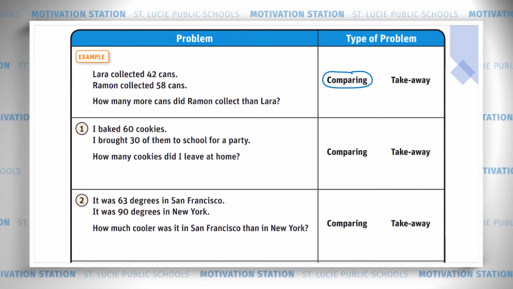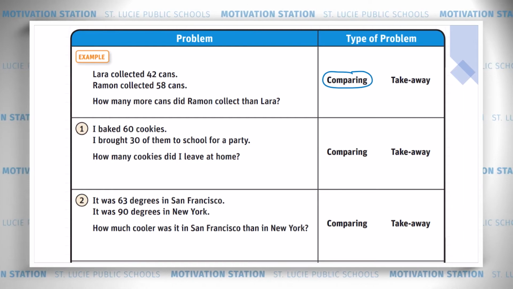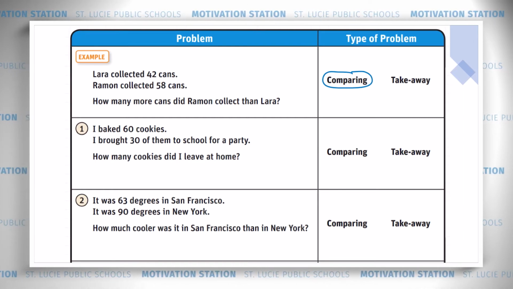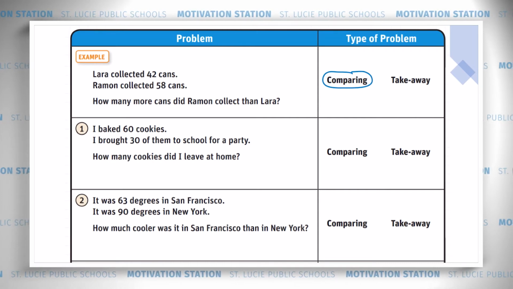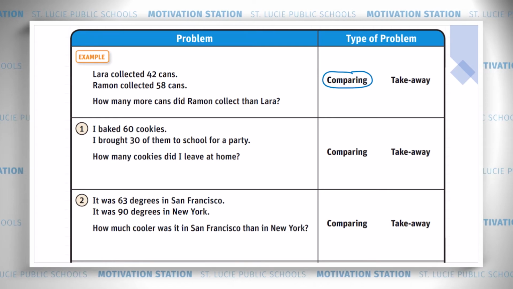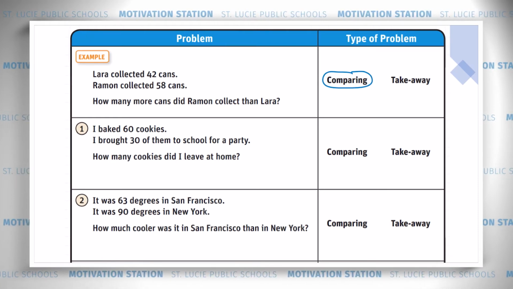Ramon collected 58 cans. How many more cans did Ramon collect than Laura? Well, I'm not taking any cans away from Laura or Ramon, but I am being asked to compare the numbers of cans they have. So this is a comparing problem. That's why they circled comparing.